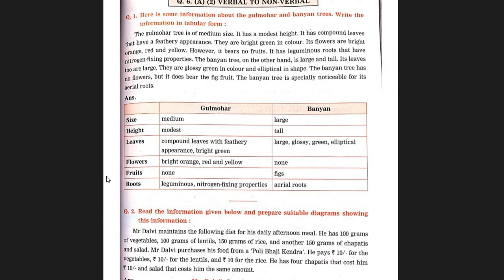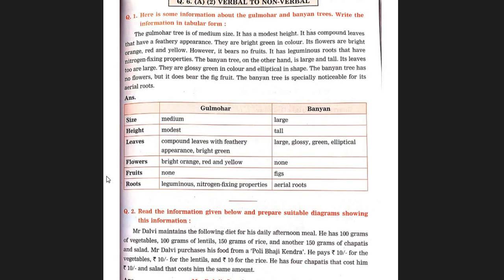So collective information is given to you in paragraph form. And then the students are asked to draw columns in their answer paper to write the answer. So this tabular form is presented by the student in the paper.